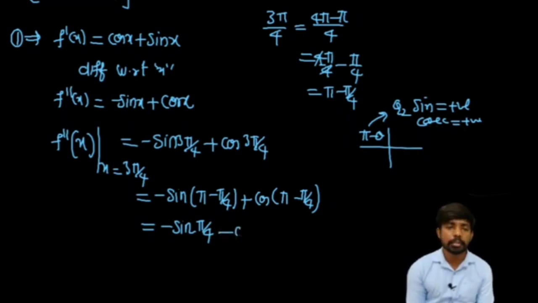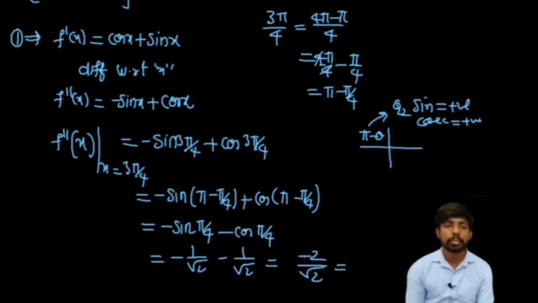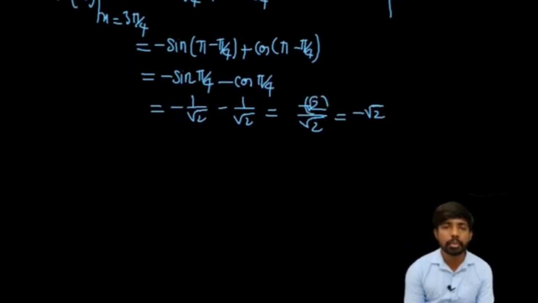Therefore this is minus cos pi by 4. So we can write minus sine pi by 4, which is 1 by root 2, minus cos pi by 4, which is 1 by root 2. Therefore we get minus 2 by root 2, which can be written as minus root 2, because 2 can be written as root 2 whole square, and one root 2 cancels, giving root 2.